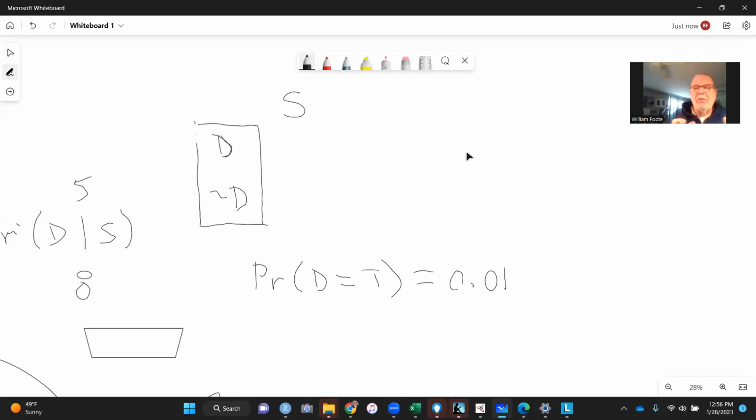Okay. Well, that's kind of where we're going. And another thing is that the probability that S occurs, given that D is true, is set to 95%.